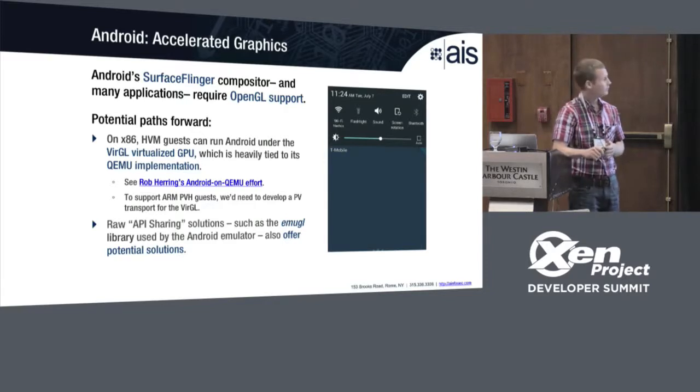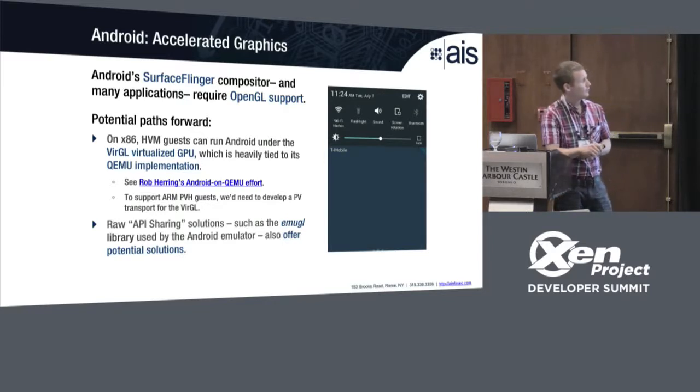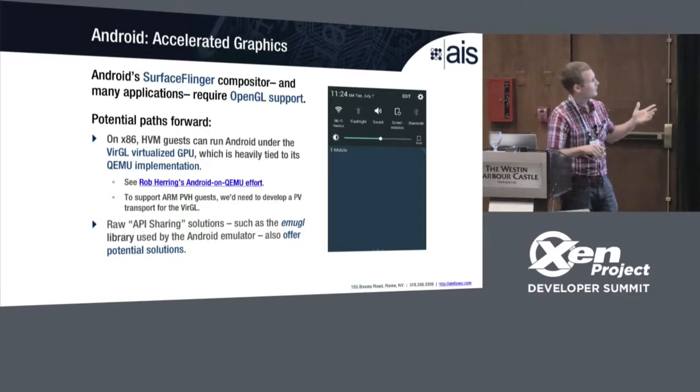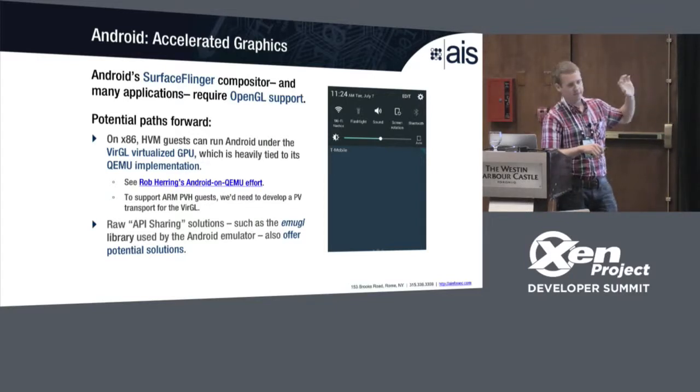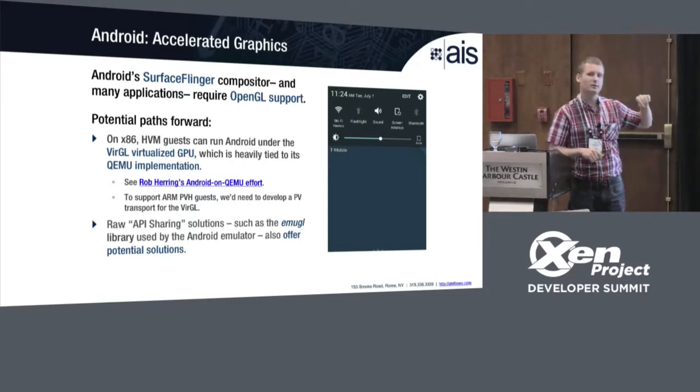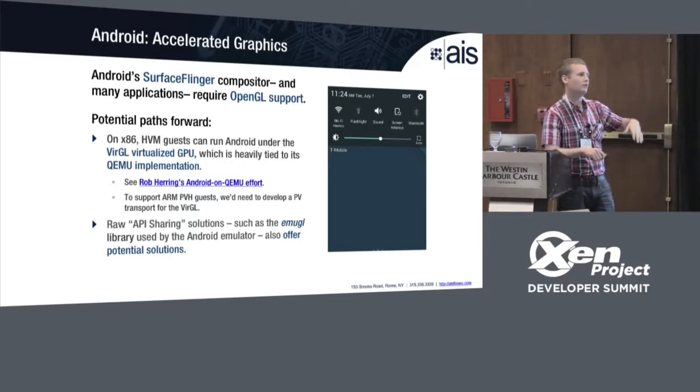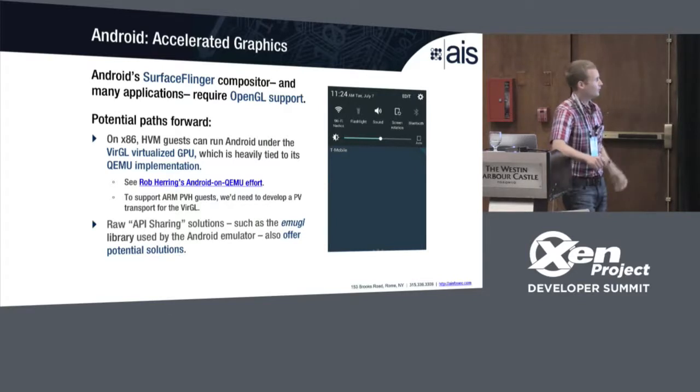So there are certainly options. There's no option that strikes me as being the best for everything, but we're leaning towards seeing what it will take to add the PV transport to VirtIO GPU so it's capable of running on all platforms, ARM, Intel, and so forth.